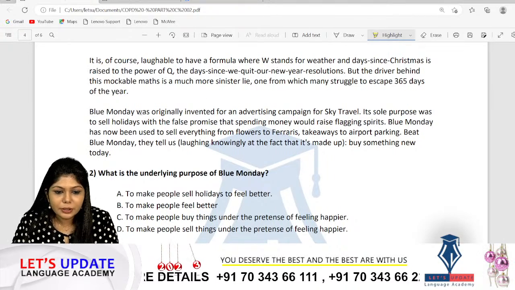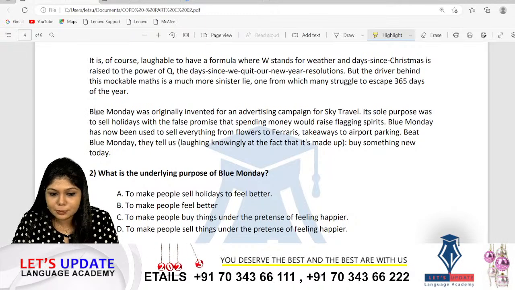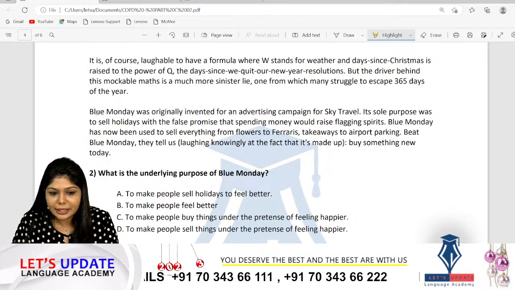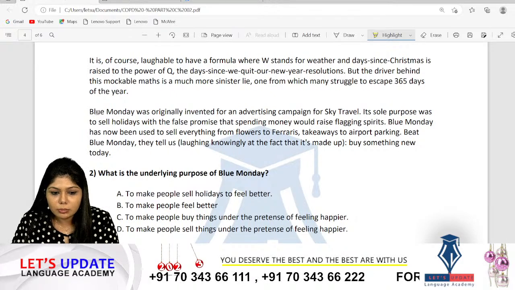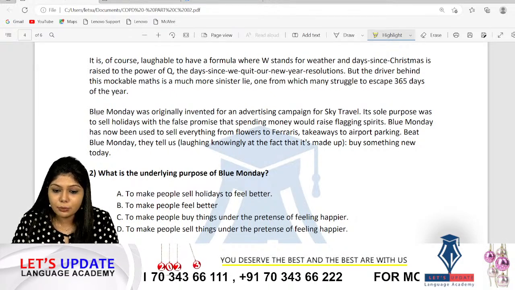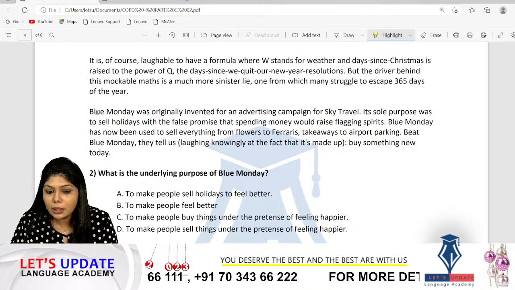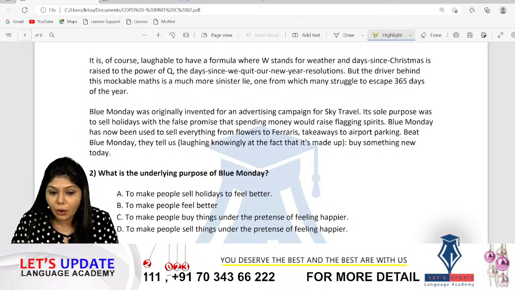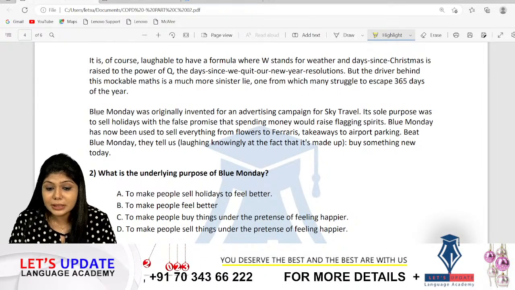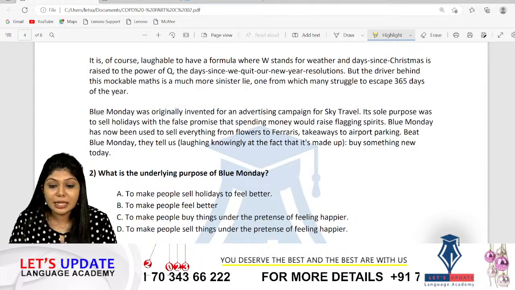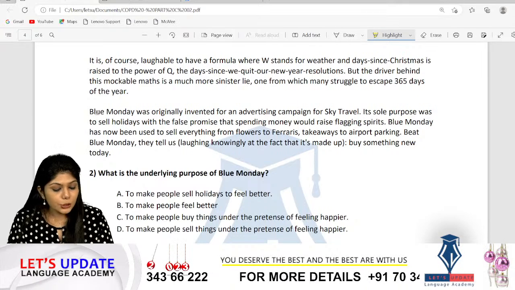But when we have a look at this paragraph, that is Blue Monday, that is the second paragraph that is following. So what is it describing? Blue Monday was originally invented for an advertising campaign for sky travel. Its sole purpose was to sell holidays with the false promise that spending money would raise flagging spirits, right?